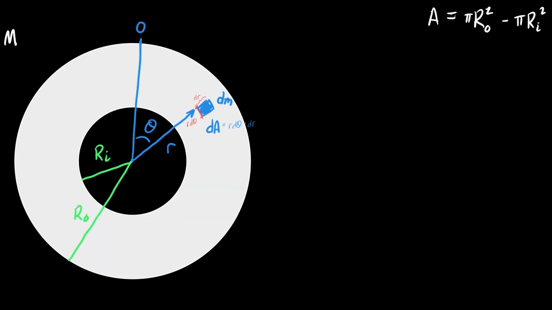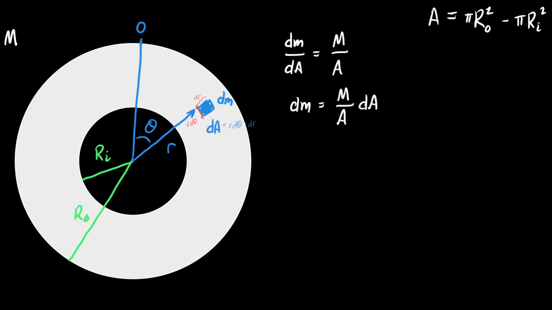So with that, I'm going to try and find a way of writing dm in terms of the area. So dm is to dA as the entire mass is to A, which means dm equals m over A dA.